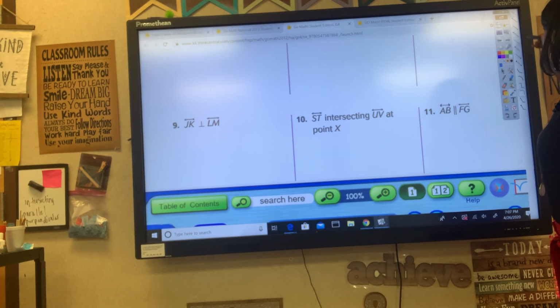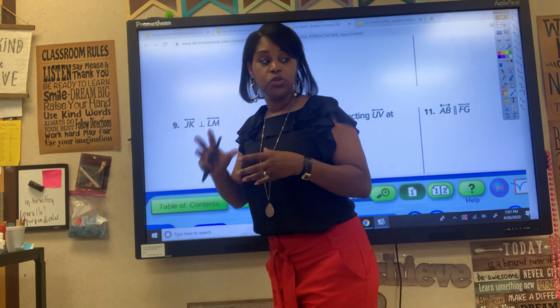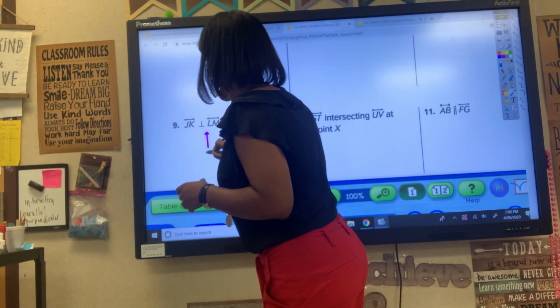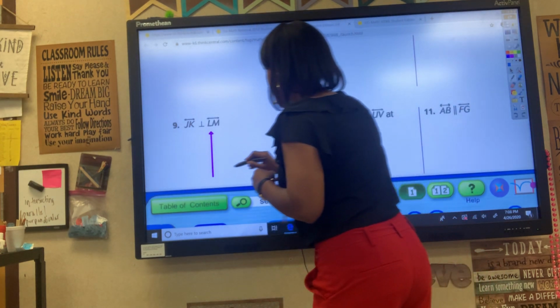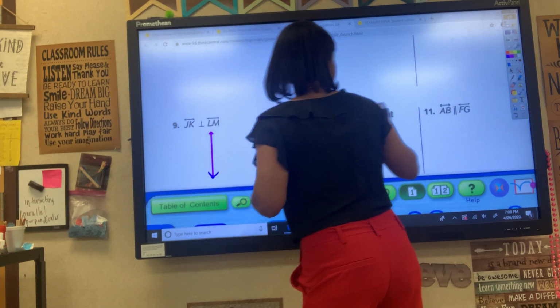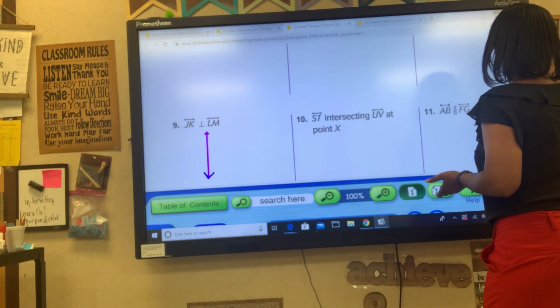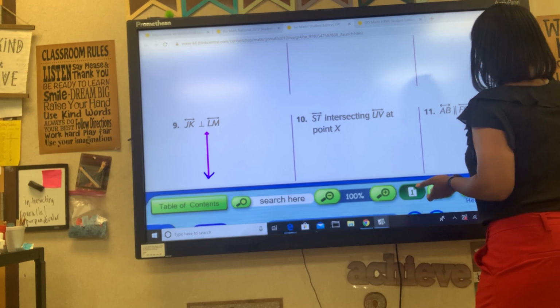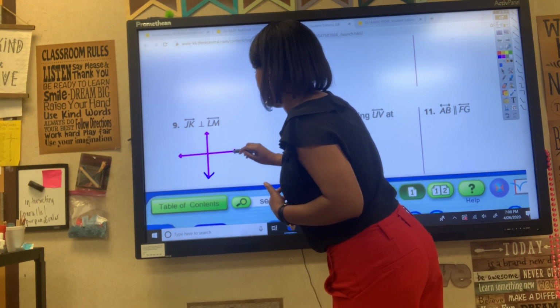So I want to draw lines. I want it to be perpendicular to, much like what you saw on the first page. So I have line JK, or either way I want to name them. And I want this one to go across here.